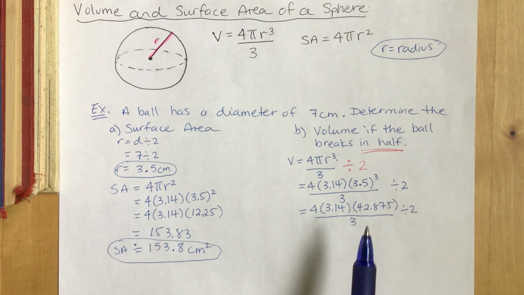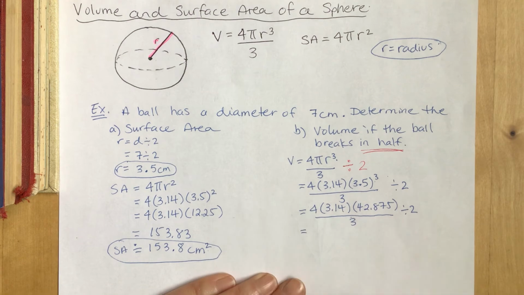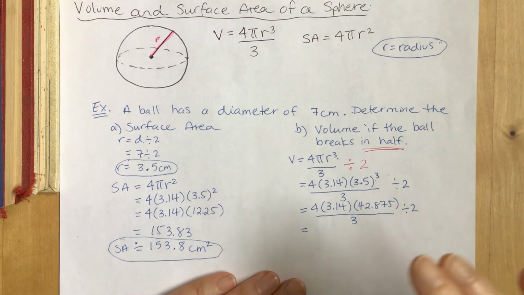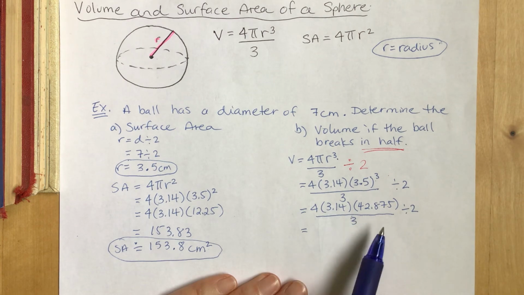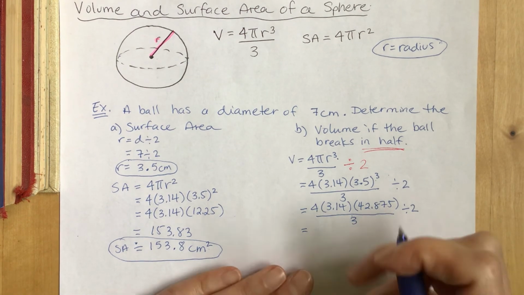Some of you, again, will have calculators that'll just do all the BEDMAS for you, but not everybody will have that. So now at this stage, you should be able to punch it all into your calculator because we only have multiplication and division left. I'm going to break it down into a few more steps though, just in case, so you can check your work as you go.